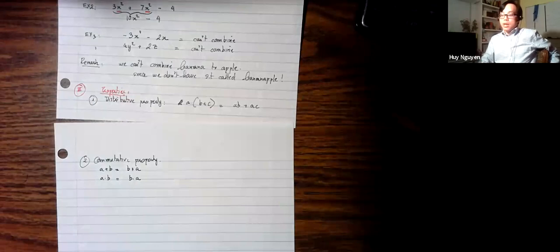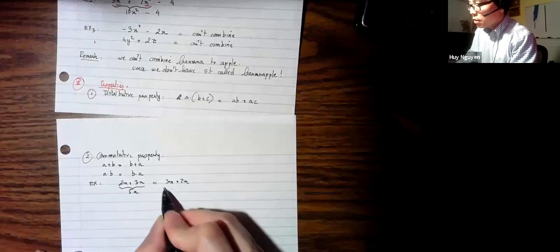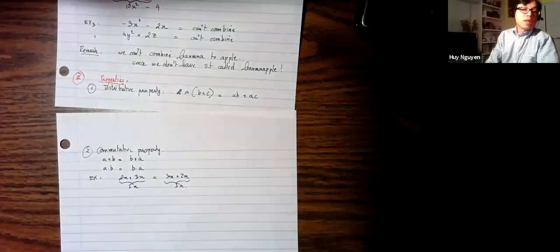Because both of them turn out to be 5x. Right? It's the same. For example, 2x plus 3x is the same as 3x plus 2x. Both of them turn out to be 5x. And it works the same for the commutative property in multiplication form.